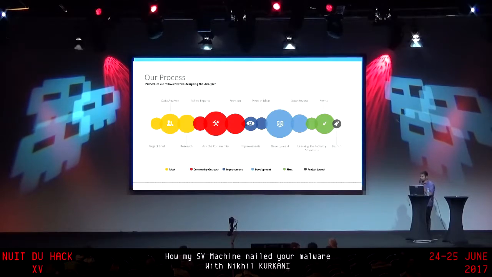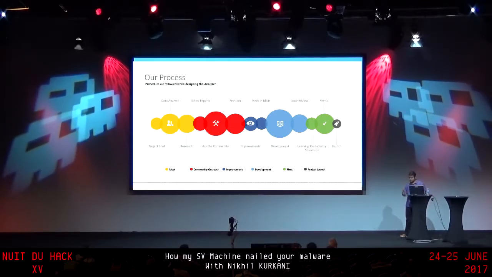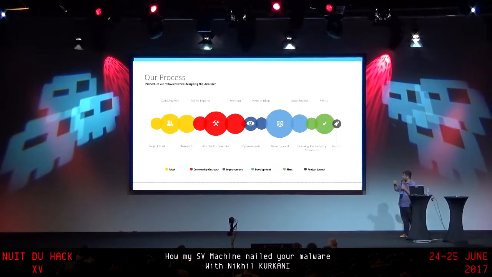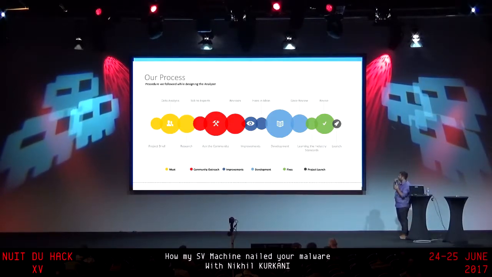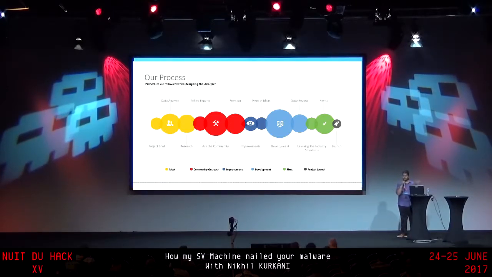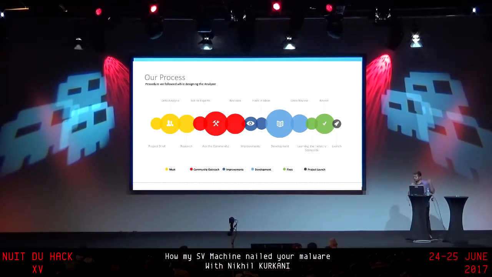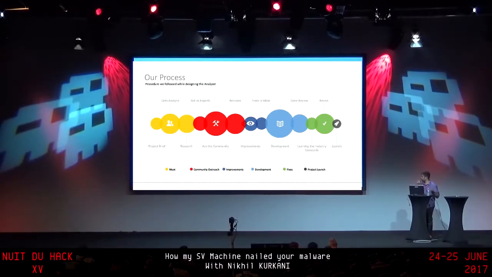So this was how our process basically started. We started off as a college project. We went on with various things like data analysis. We did a lot of research. We talked to the experts in the industry back in Bangalore. Then we took help of the community back in Bangalore, the null security community.